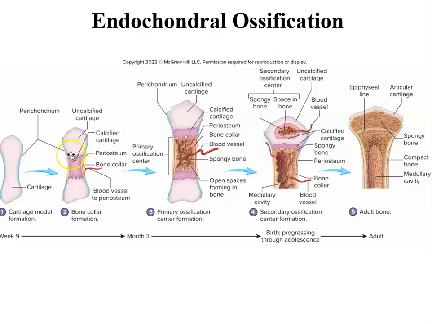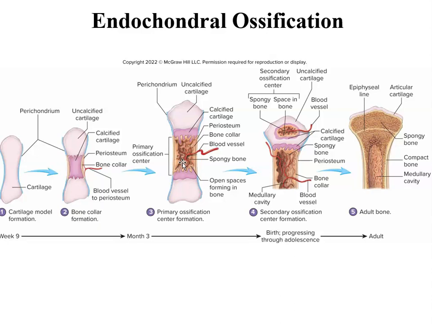This calcification causes this thin bone collar to form on the outside of the diaphysis. Then a blood vessel penetrates through the collar into the diaphysis, which creates a pathway for bone cells, which create a primary ossification center here in the middle of the diaphysis.